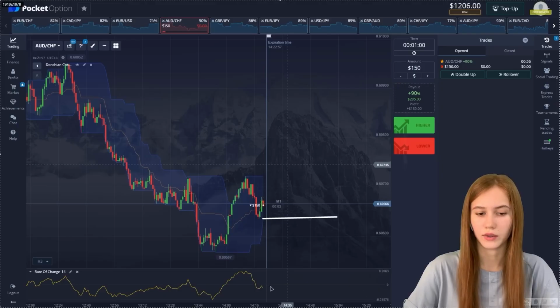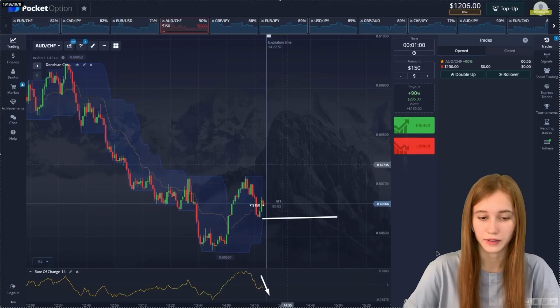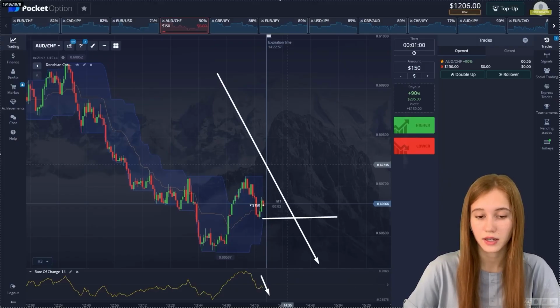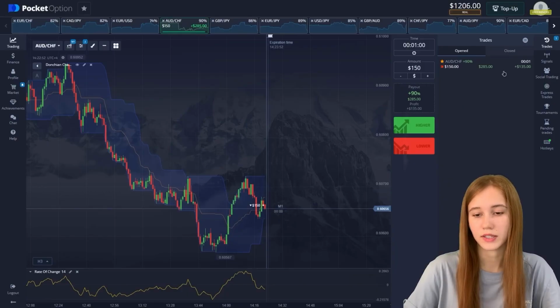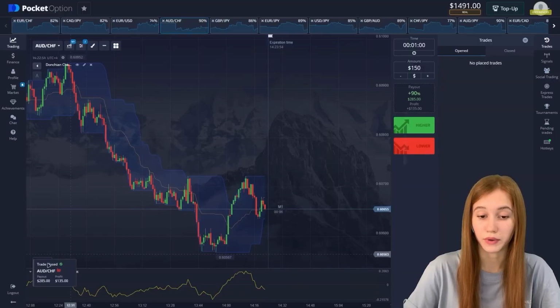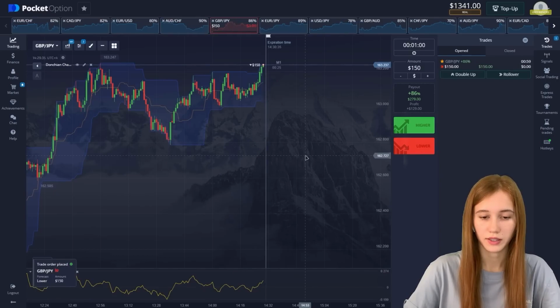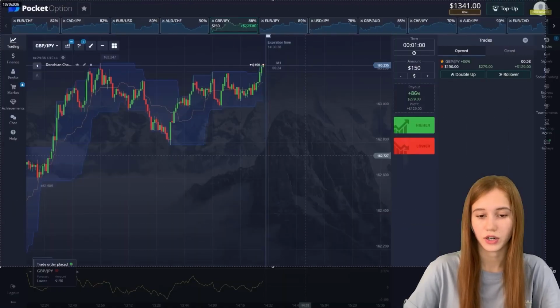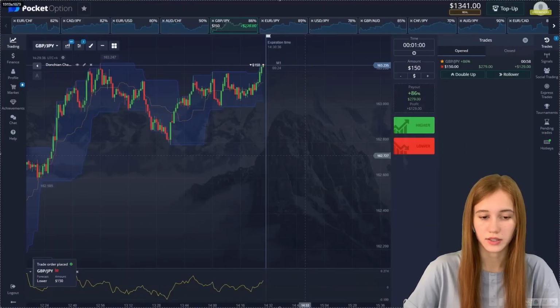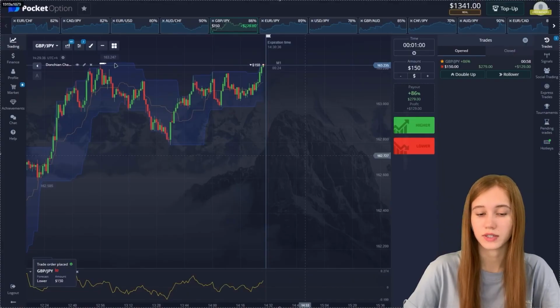If you look at the angle of this indicator, it's directed downwards. Let's see, 1 second. Plus deal profit is $135. Good.